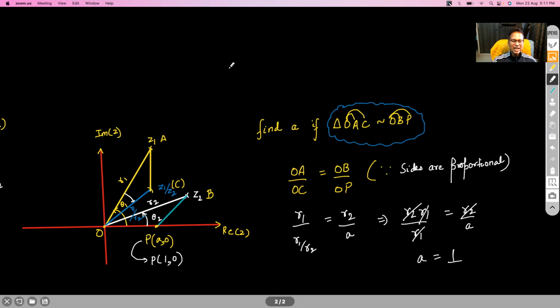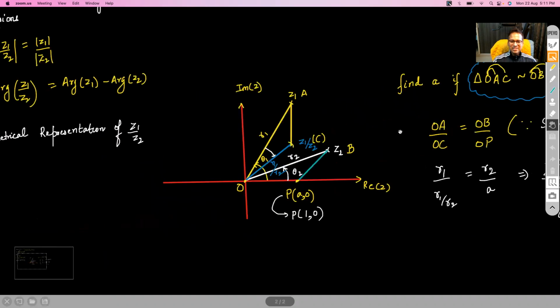So geometrically speaking, if you want to construct Z1 divided by Z2, you first make a triangle using O, B, and P, right? Make a triangle similar to it over here by using O, A, and some unknown point C. That C will actually become Z1 divided by Z2.